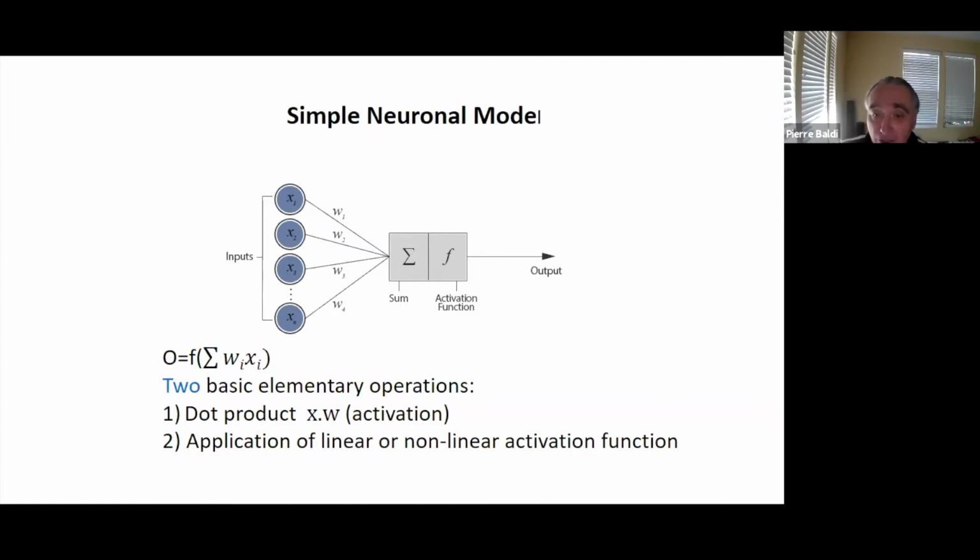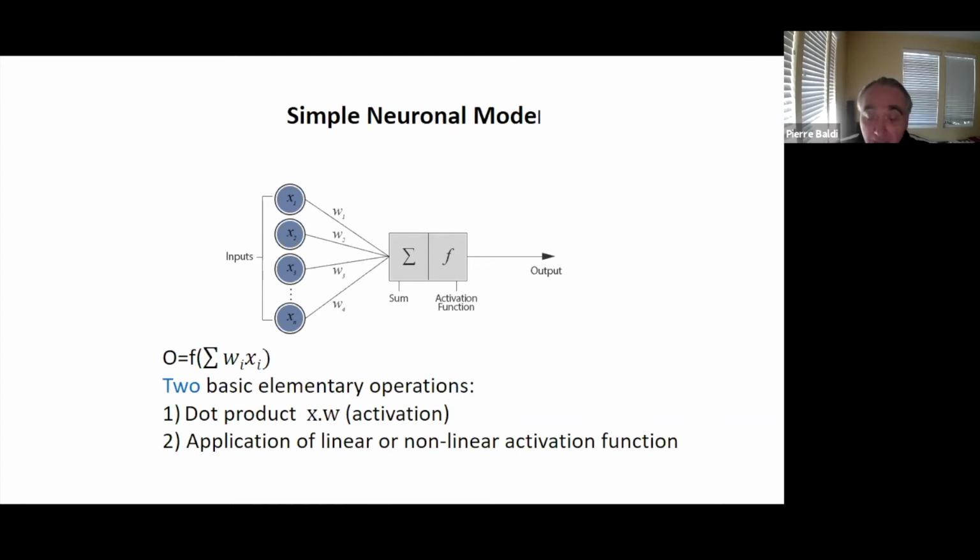Then you have a linear neuron, or more often it's a nonlinear function, and you have a whole repertoire of such functions that are routinely used. Things like Heaviside threshold functions, sigmoidal functions from tanh to the logistic sigmoid, or ReLU, piecewise linear, etc. So that's the basic model.